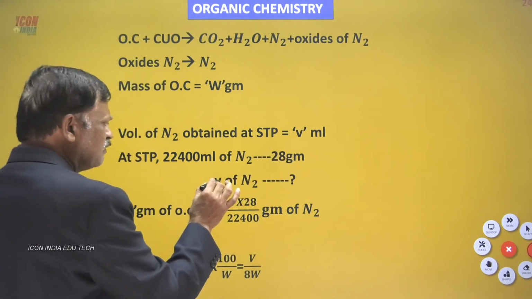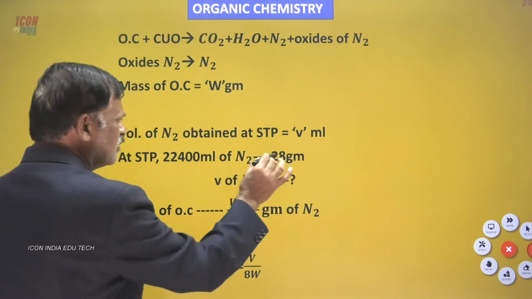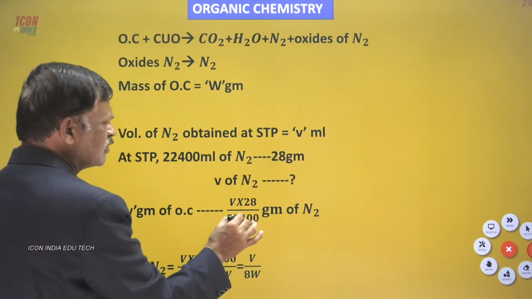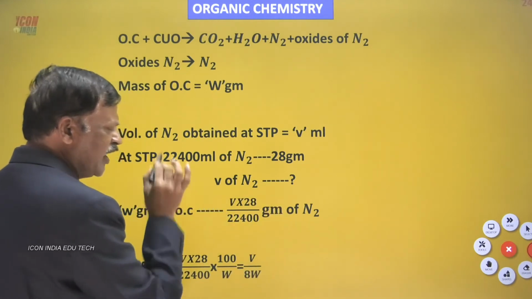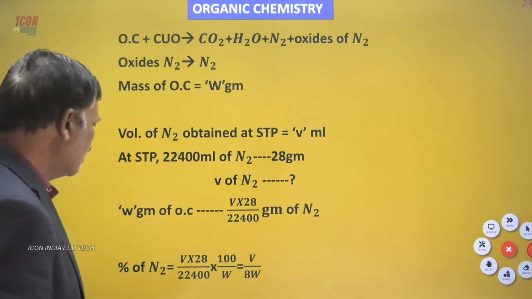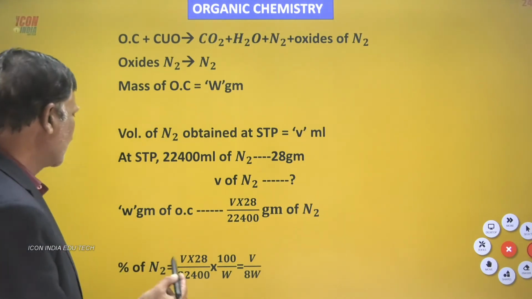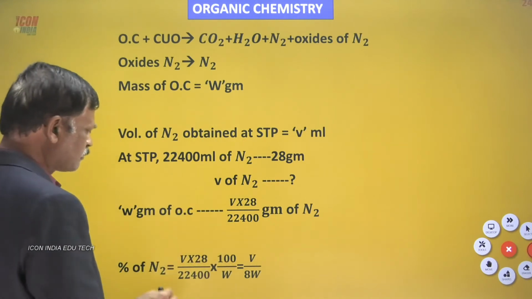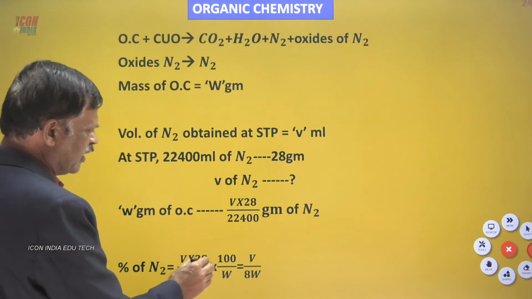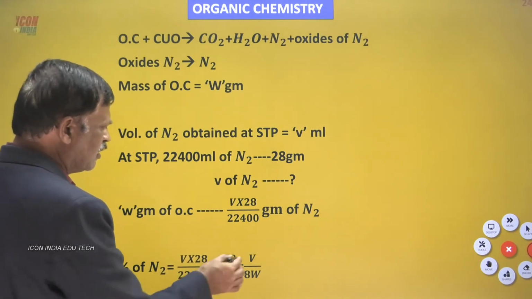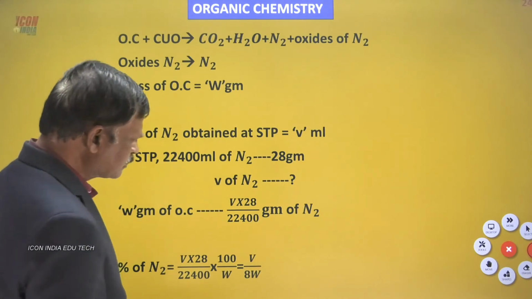The V mL of nitrogen obtained in the Dumas experiment weighs how many grams? V into 28 by 22,400. That is the mass of nitrogen present in the given organic compound. So 100 grams of organic compound contains how much? Into 100 by W. So V into 28 by 22,400 into 100 by W. On simplification, we get V by 8W.